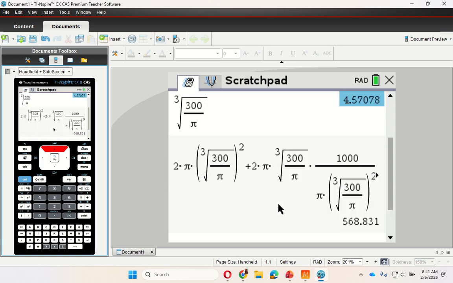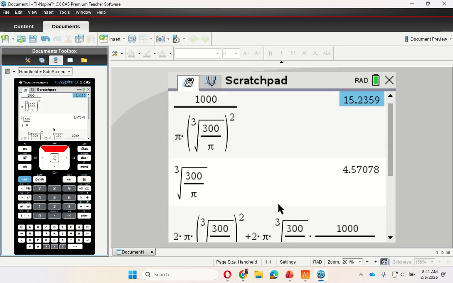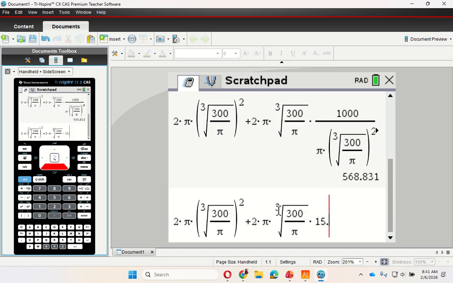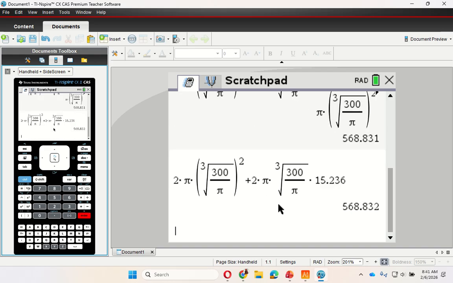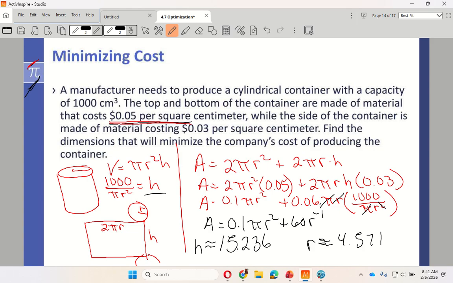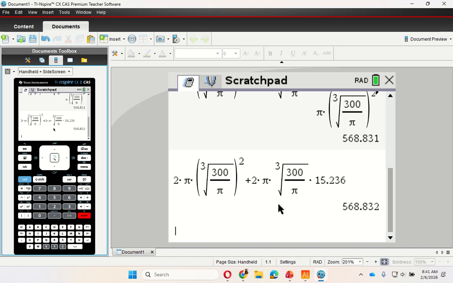For height, 15.236. Same thing. Did I miss something when I plugged it in? You forgot the cost part. Oh, there we go. Yes, thank you. All right.